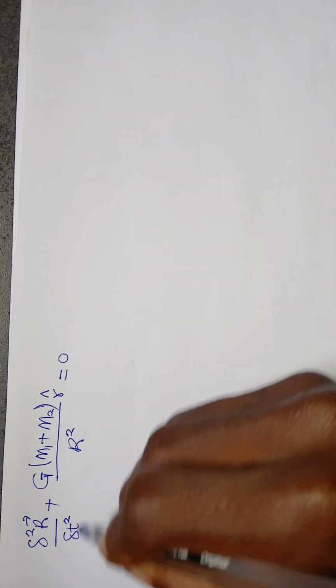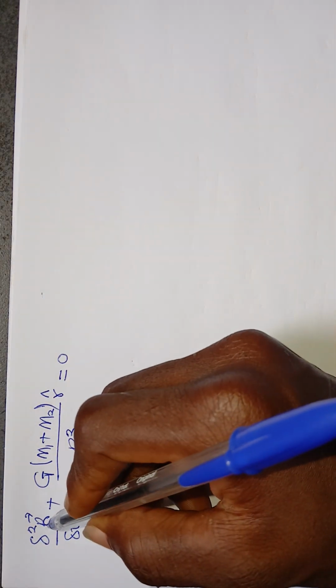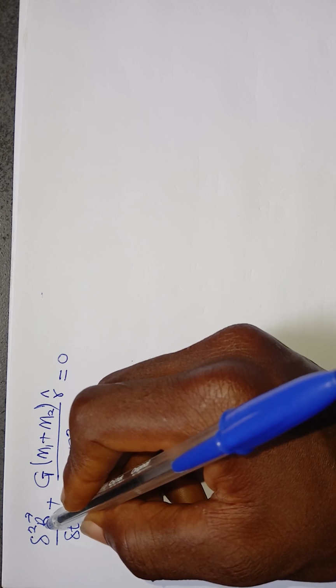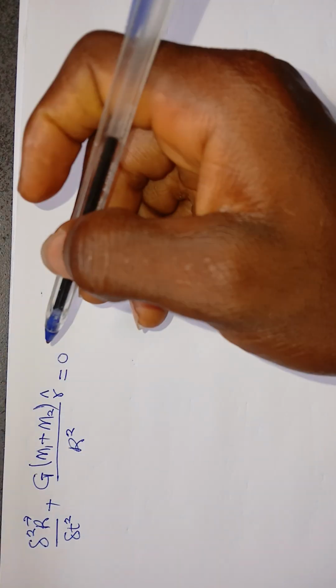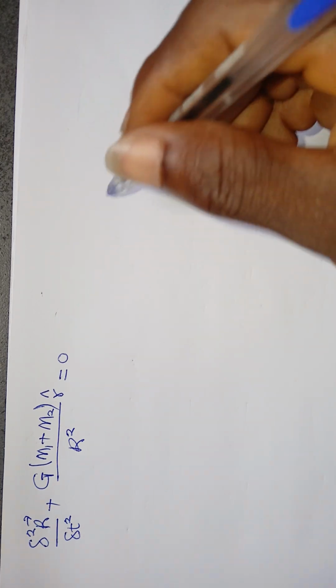Now, given this differential equation, we need to get rid of the vector r. It is difficult to deal with vectors. And to do that, we are going to be mathematically smart by taking the cross product of the whole equation.